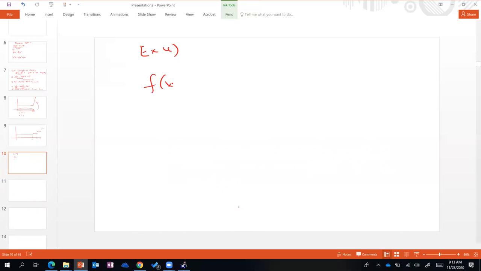Here's my function. My defined function is like this. It looks crazy. There's these squigglies. We call them braces. And here's my function. It's x squared plus 3 if x is less than or equal to 0. It is x if x is between 0 and 4.